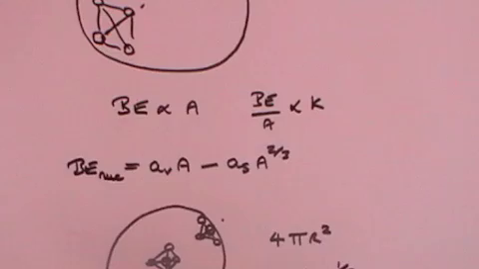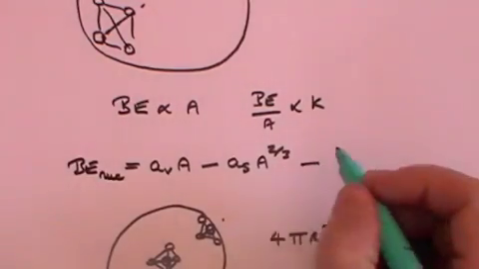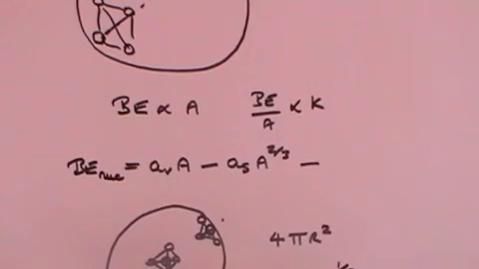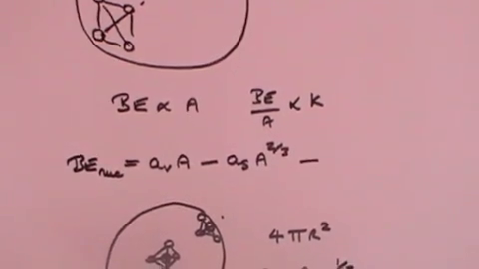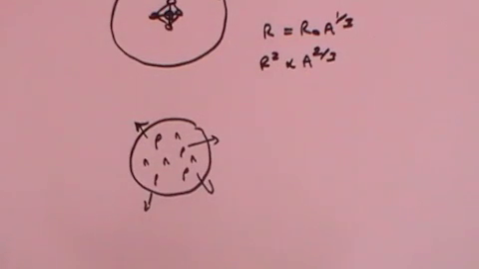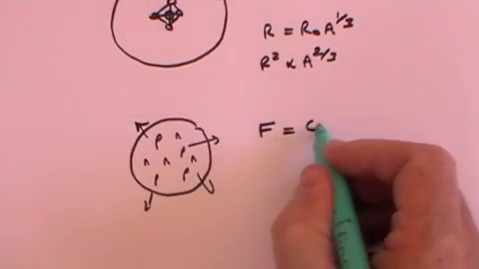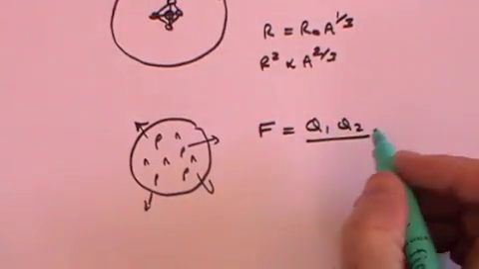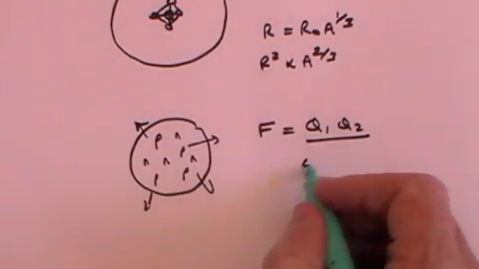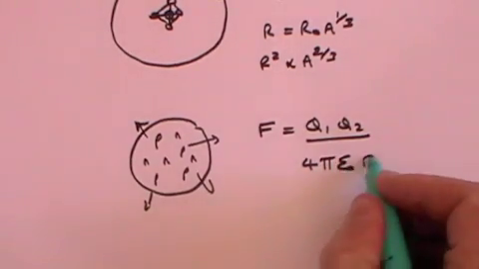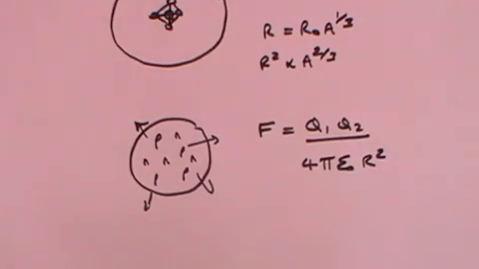So we need another minus term here because we've got a Coulomb force that is reducing the binding energy. What is the nature of that force? Well, we know that the force is equal to Q1 Q2, the charges on the two protons, divided by 4 pi epsilon naught r squared.